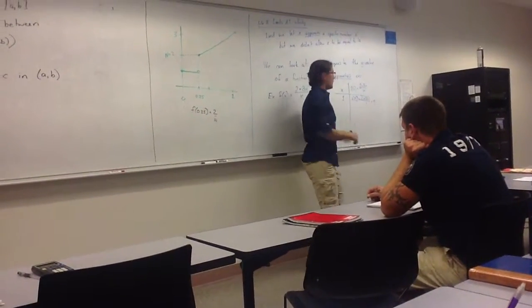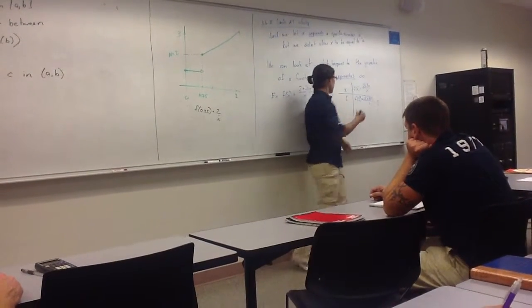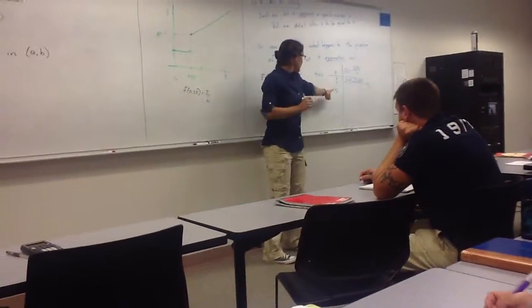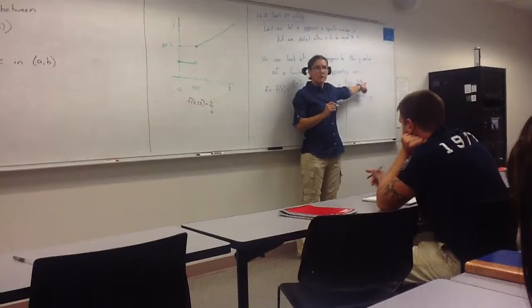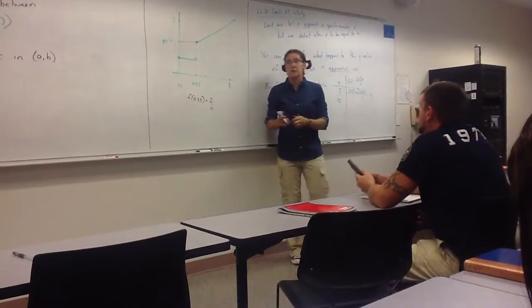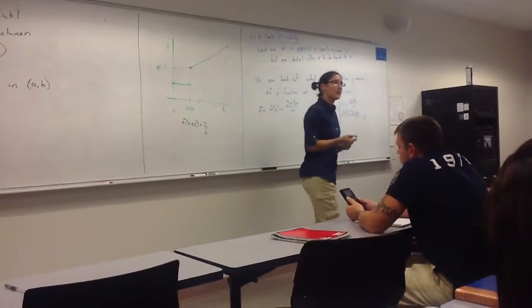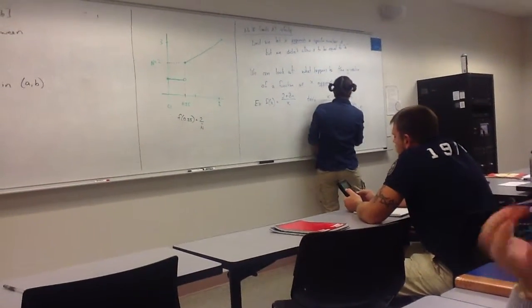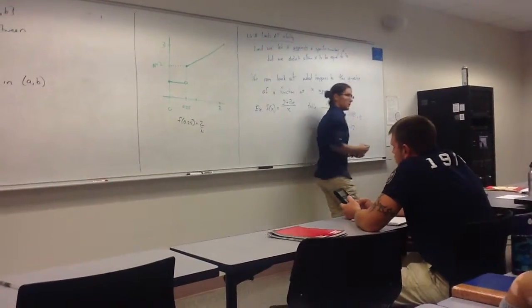All right. Well, 1 is not a very big number. Let's try 10. If you have your calculator, please plug 10 into your function and see what your y value is. 3.2. You second that? So f of 10 is 3.2.